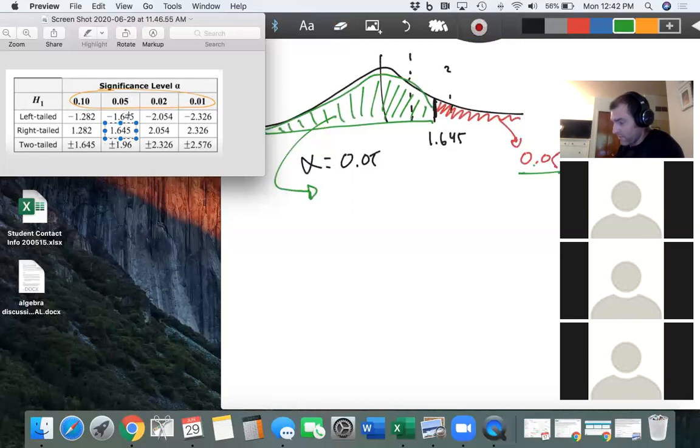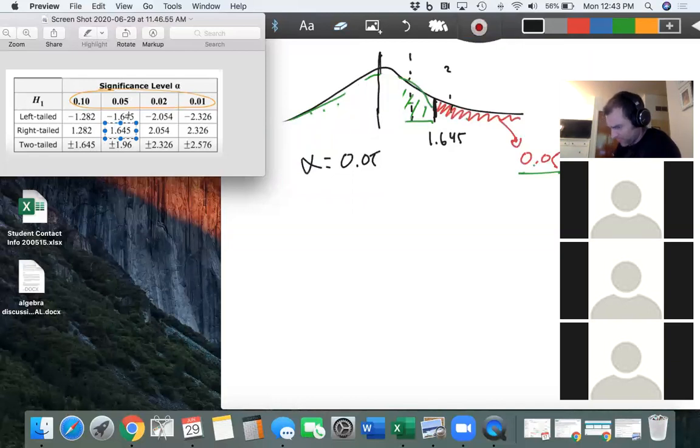It's 0.95, right? Because these two things have to add to 1, always. So I have 95% to the left, 5% to the right. Does that make sense? Yep. We don't need to know that to finish this, but it's just testing what we know and what we can know.